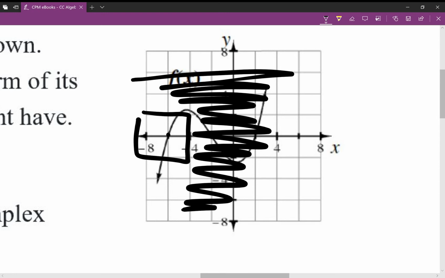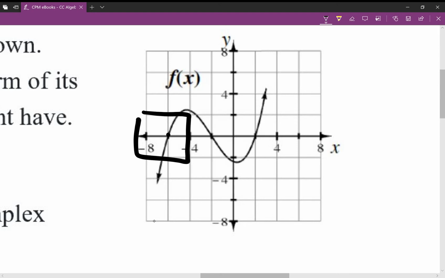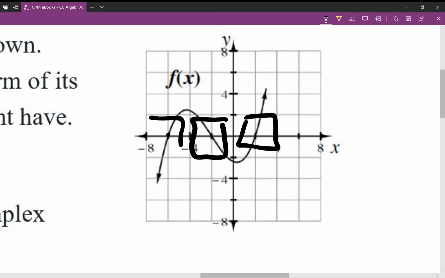So that factor right there would be linear, right? And same deal for this piece and that piece. All of those 3 factors, or roots, where f of x crosses the x-axis are linear because they behave as a line would through those x-intercepts.